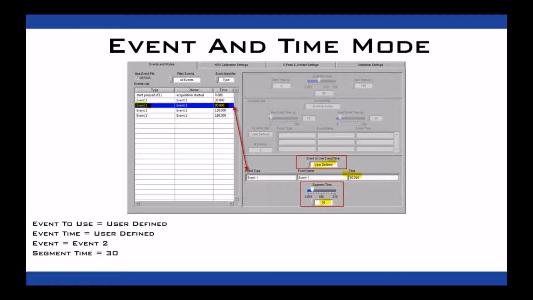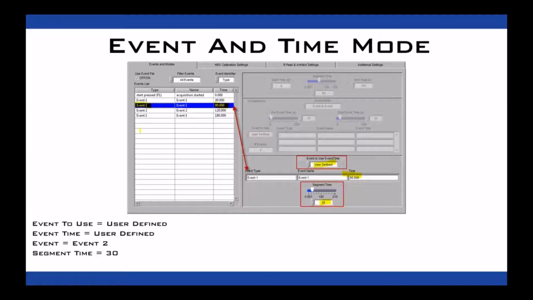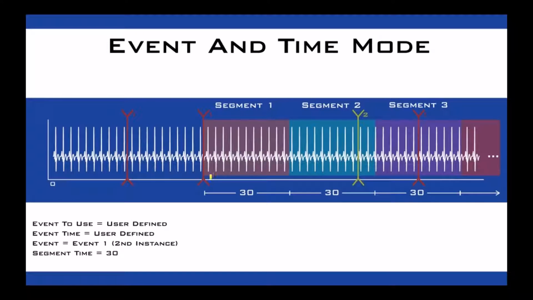What that'll do is basically ignore the first time that event 1 is used because, again, we didn't want that one. We wanted the one that occurred at 90 seconds. And then it's going to move forward in 30-second intervals and create segments of those.